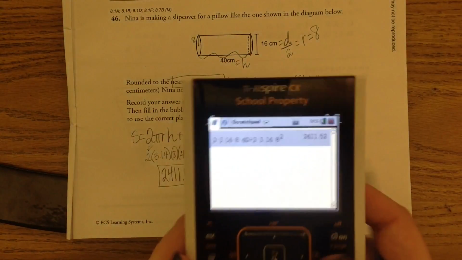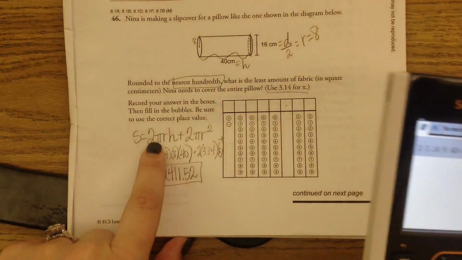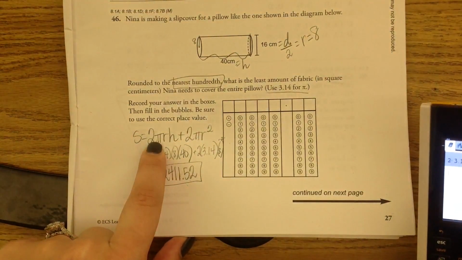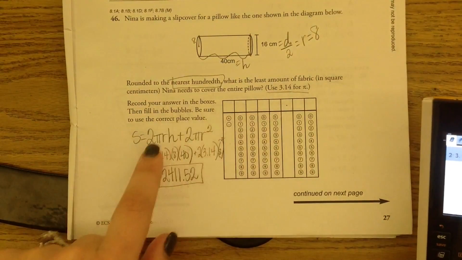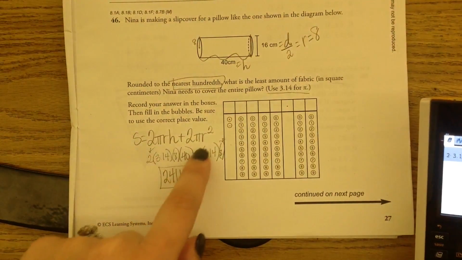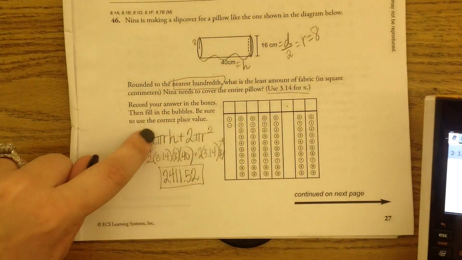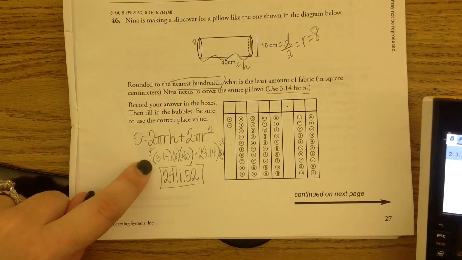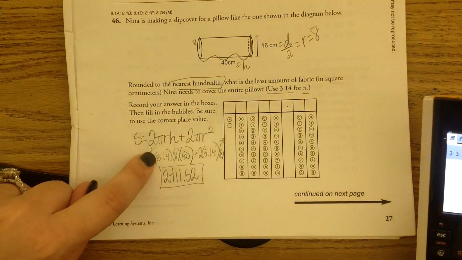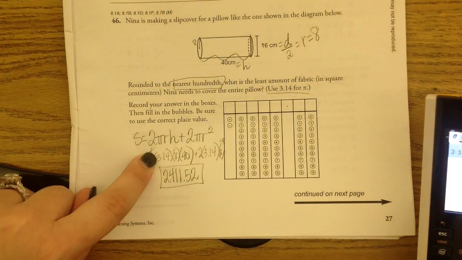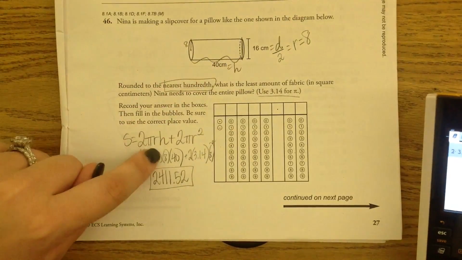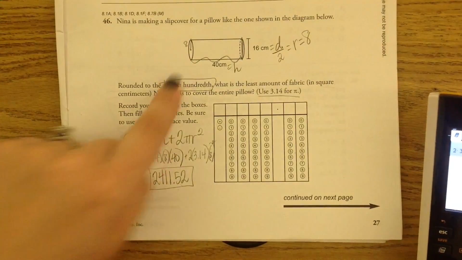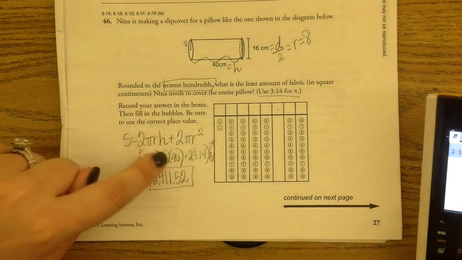So, I have my formula for surface area of a cylinder. It says she wanted to cover the entire pillow, so I had both the lateral area plus the area of the 2 bases. I plugged in 2 because it said so, I used 3.14 for pi, as stated. I plugged in my radius, which was half of the diameter given, 8. 40, which was the height of the cylinder.